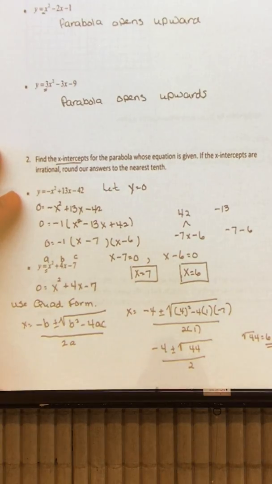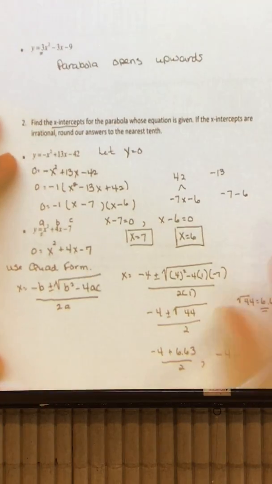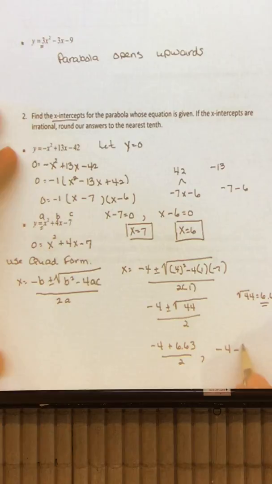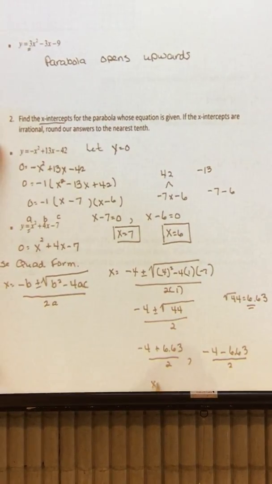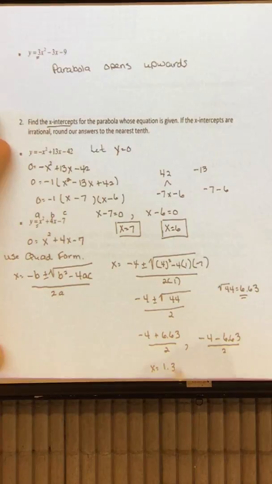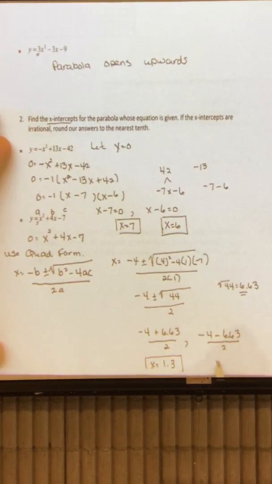So we have negative 4 plus 6.63 divided by 2, and we have negative 4 minus 6.63 divided by 2. So calculating these two answers, we have x is equal to 1.3, and x is equal to negative 5.3.